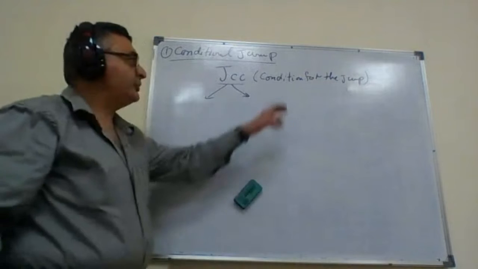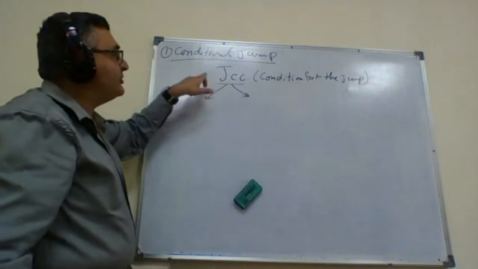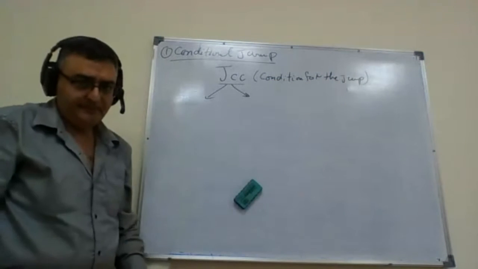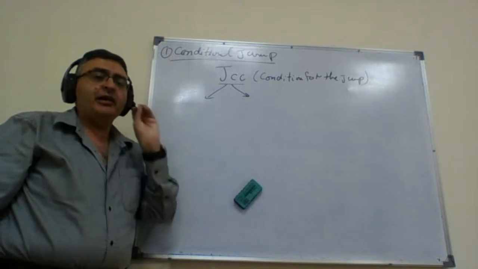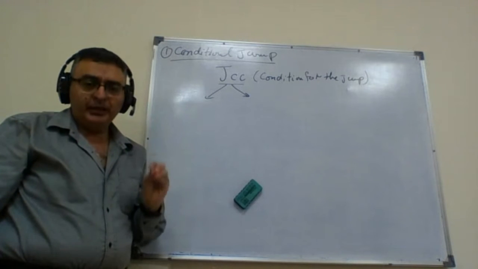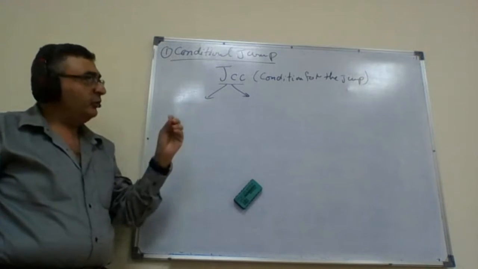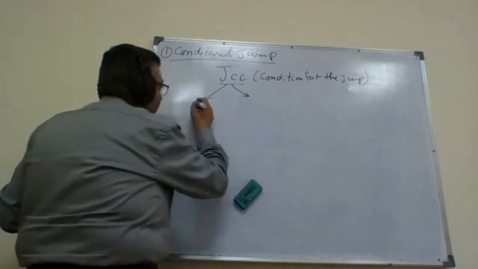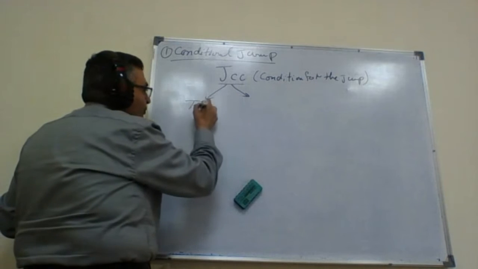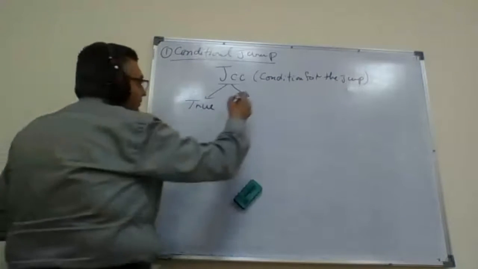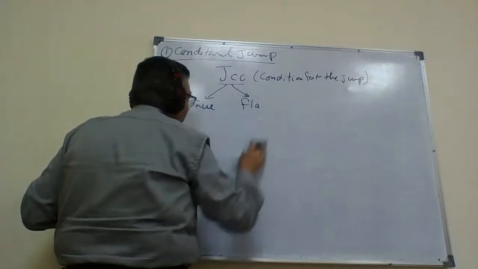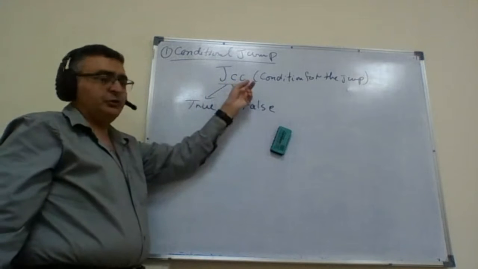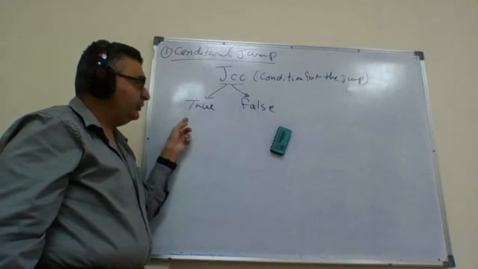We need to understand what the condition of the jump is and what action the jump will take if this condition is satisfied. The result of this evaluation will be one of two things: either the condition will be evaluated as true, or it will be evaluated as false.